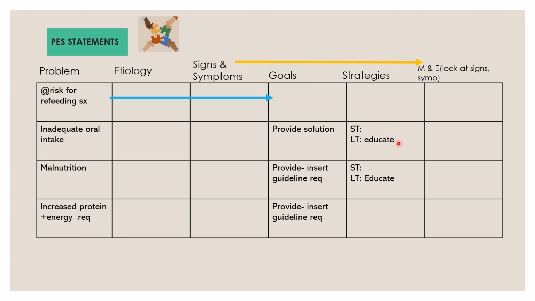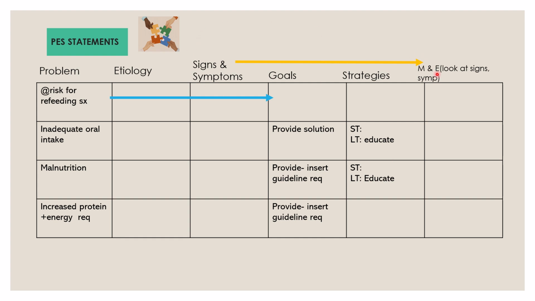Your short-term strategies and long-term strategies. Short-term, always in hospital. Okay, what feed are you going to give in terms of energy and protein? What are you going to give a micronutrient supplement? What are you going to do in hospital? Long term is always education.